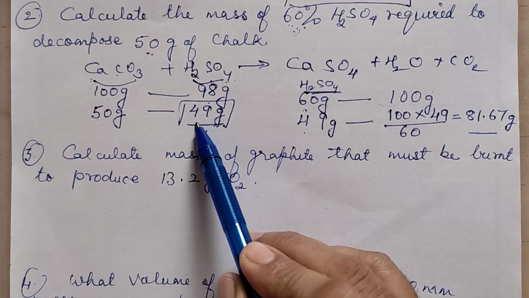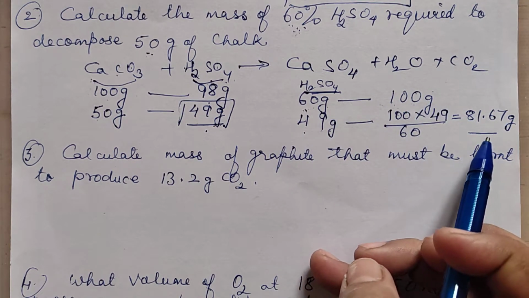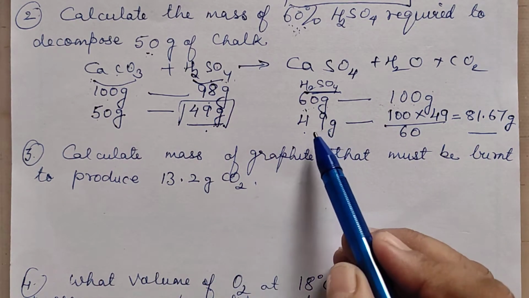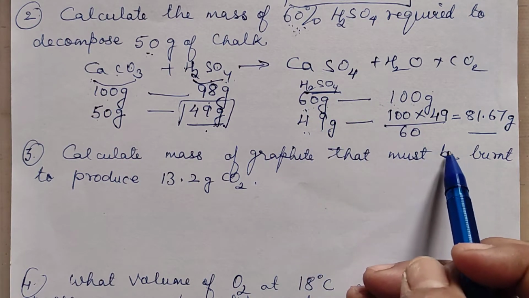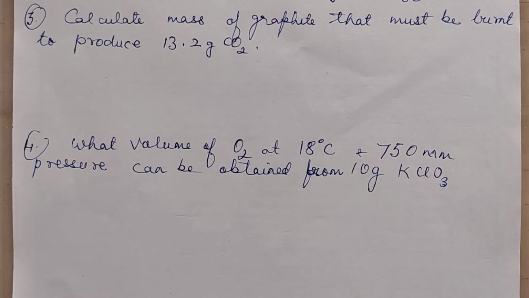So now you require 49. So how much you should be having? Obviously more than that, because it is not pure. So you will be calculating as 49 into 100 by 60. That is simple unitary method. You will get 81.67 grams. Clear? Now moving on to the next question.